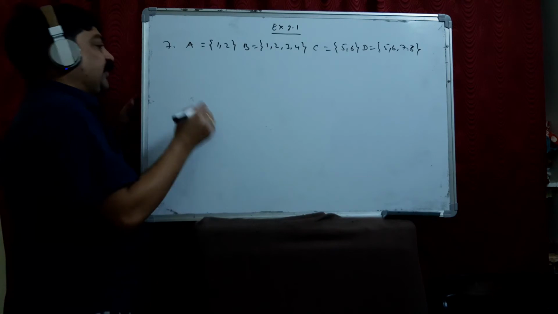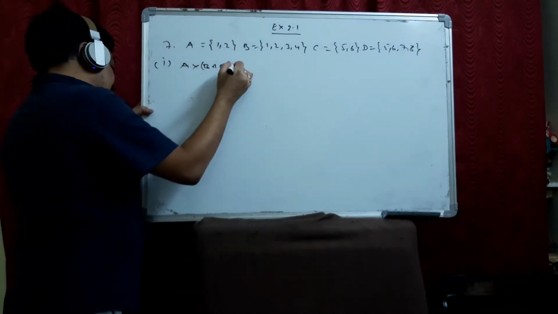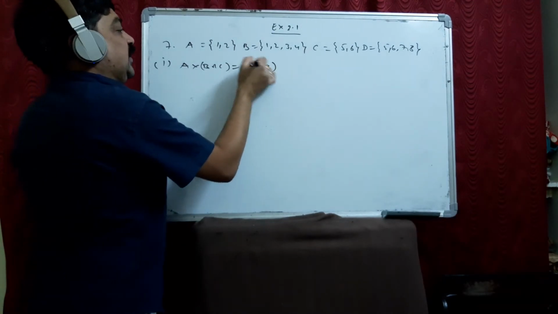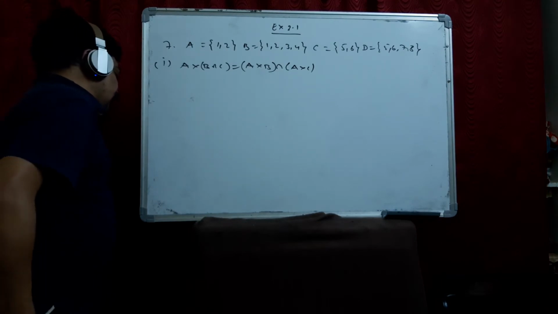And we are asked to verify that A cross (B intersection C) is equal to (A cross B) intersection (A cross C). And one more thing is also asked to verify. Okay, I will do it here.